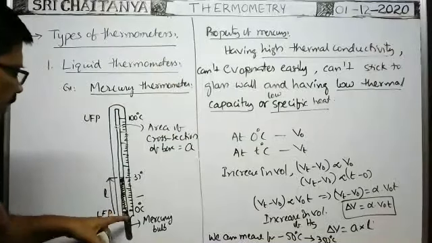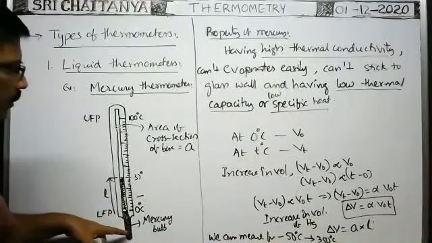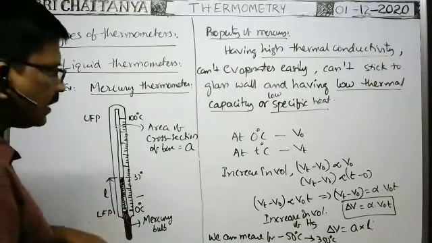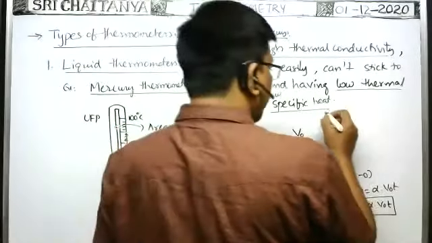Why is the mercury bulb taken in the form of a cylinder? For a given volume of mercury, the surface area is more. That is an important point, and that point may be asked.